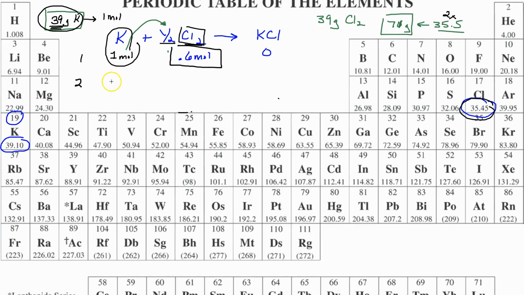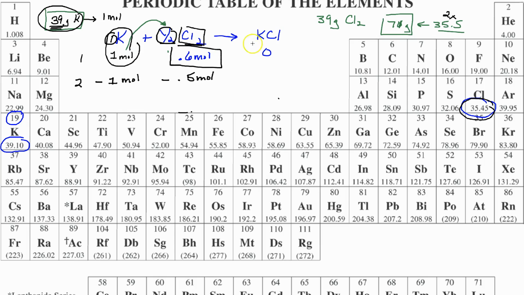Now what's going to happen is we're going to be minus 1 mole. Why? Because we just said this is a 1 to 1/2 ratio, right? So in order for all of this mole to disappear, I need to have 0.5 moles of this. I have more than enough. So therefore, this is going to be minus 0.5 moles.